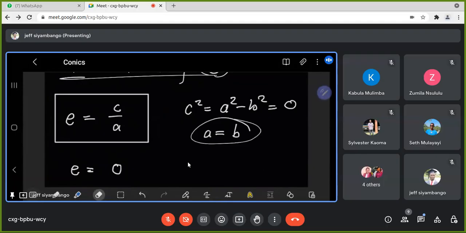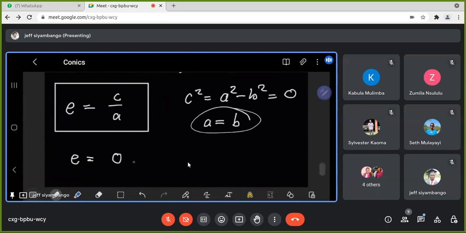So if eccentricity is equal to 0, you can even guess what conic section this is. Here, the conic section is going to be an ellipse. Basically, not necessarily an ellipse, it's a circle, but a circle, of course, can be related to an ellipse.